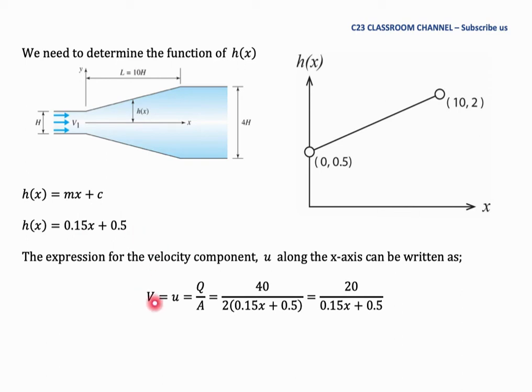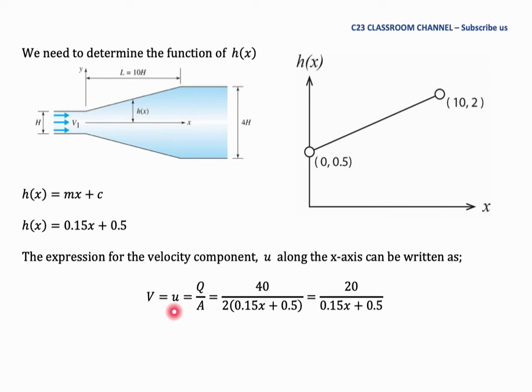And then from the flow rate equation, Q equal to AV, we could rearrange it as V, or to be specific, we take it as u because we only analyze the velocity in the x direction.